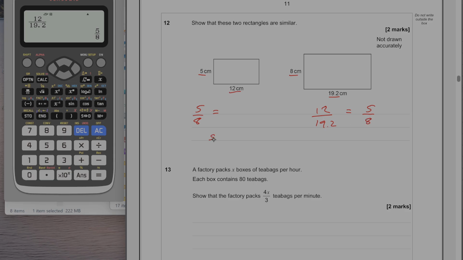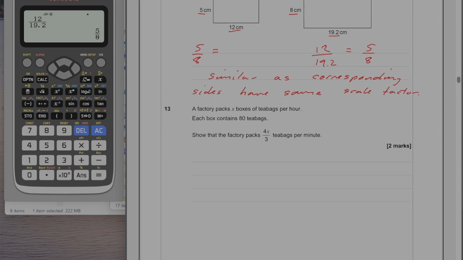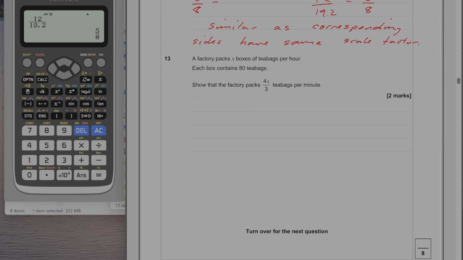So similar, corresponding sides, same scale factor. I could have gone decimal there, but I think that's absolutely fine.